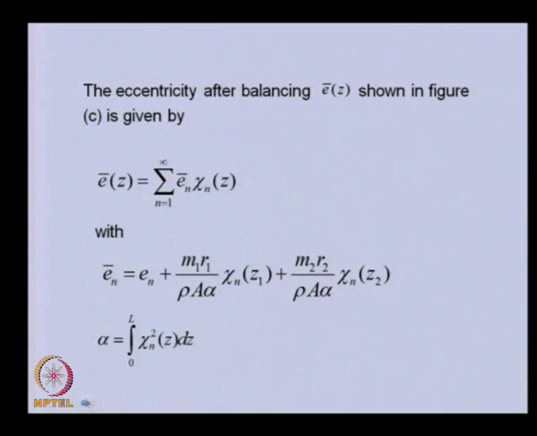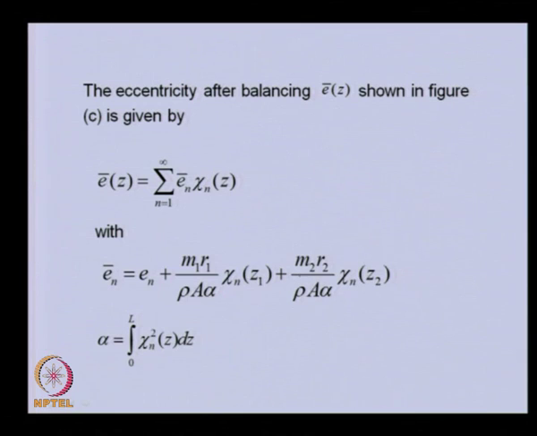Now, once we obtain this, the eccentricity after balancing, which we already saw in the third figure, in which along with the eccentricity of the shaft, the eccentricity of the correction mass was also shown. That distribution we can express like this, again in the form of eigenfunction, and this constant will be given as the constant of the shaft eccentricity and of the correction mass eccentricity.